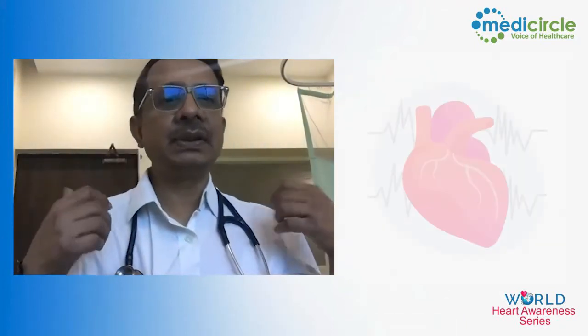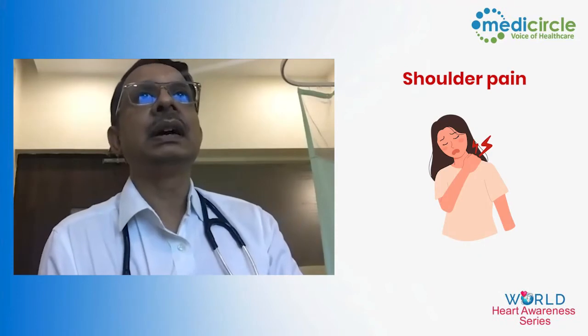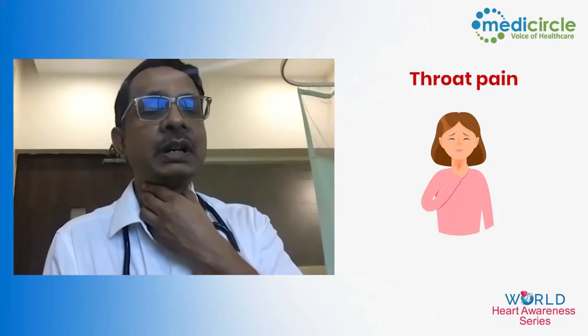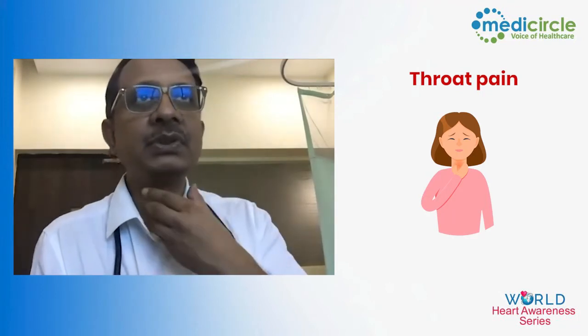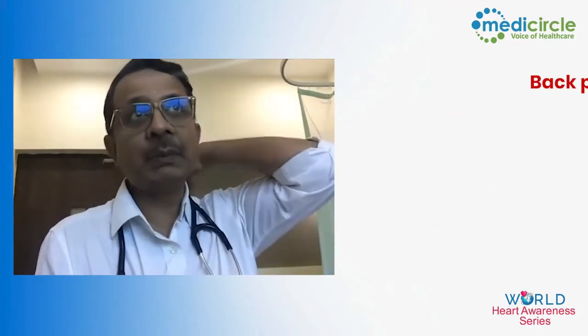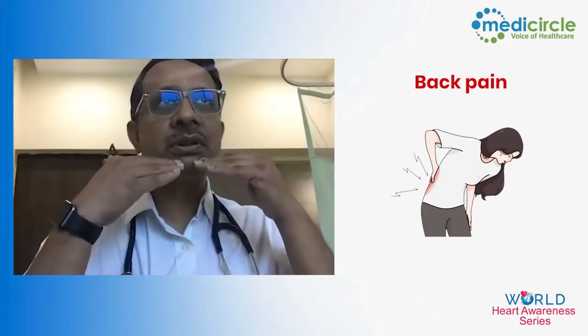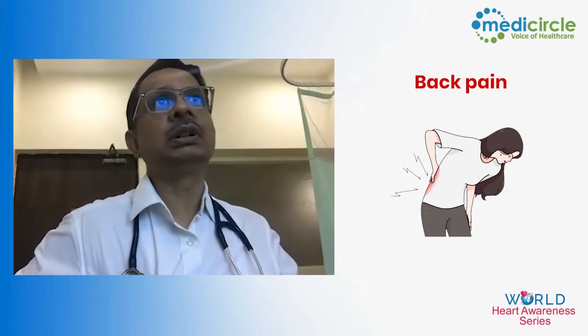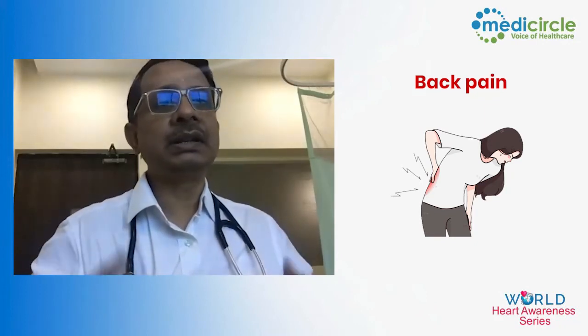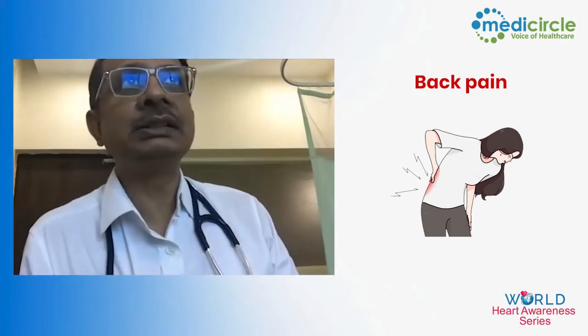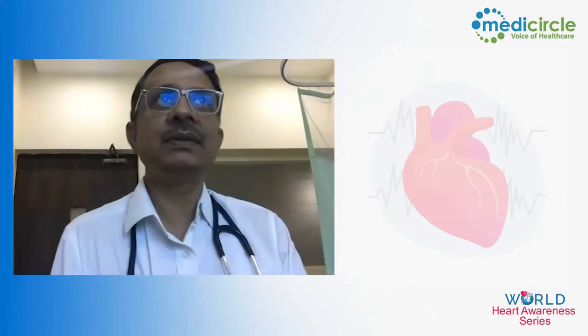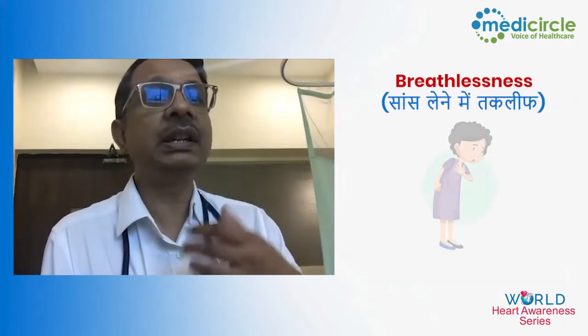People may have some shoulder pain also, and some people may have throat pain, which comes occasionally. Then back pain also might be there. So any pain from your jaw up to maybe the umbilicus may be related to heart disease. Patients may have breathlessness, difficulty in breathing.